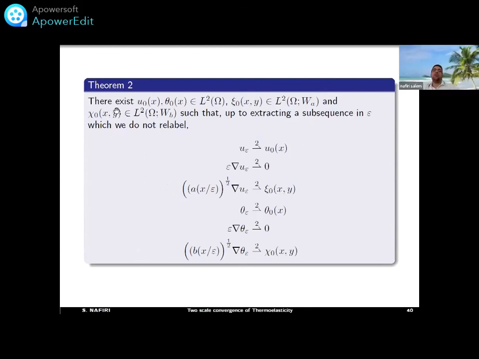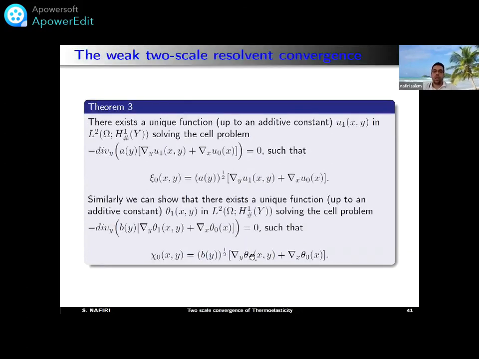Okay, thank you. Now we arrive at this theorem, which tells us where our solutions converge. It will be very helpful in obtaining our limit. We can show that there exist U0, theta 0 in L2 of omega, and Xi0 and Xi 0 in L2 of omega times W_B and W_A, such that we have these two-scale convergences.